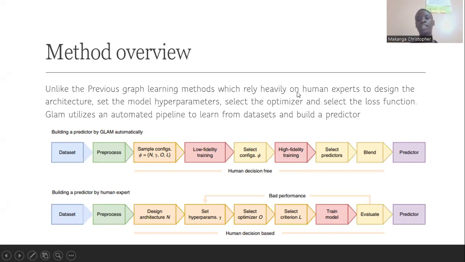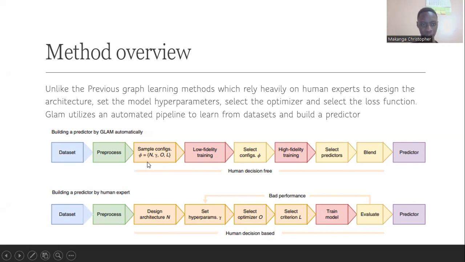Now, unlike other methods that have been used for graph learning, the authors identified GLAM, which is graph learning adaptive machine, as a method that does not require human intervention. It uses an automated pipeline to learn from the datasets and to build a predictor, whereas the other methods require a human.